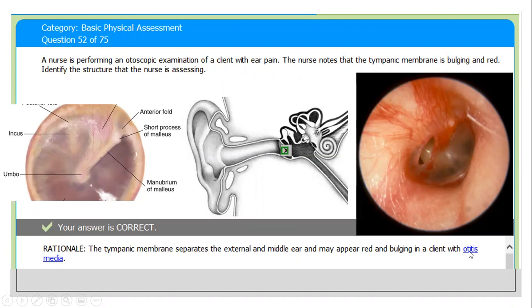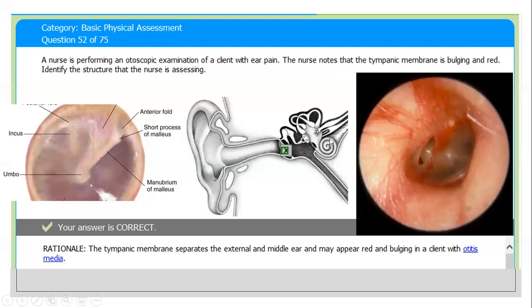if the client has otitis media. What is otitis media? Inflammation of the ear is usually distinguished as otitis externa, otitis media, which means the middle ear is inflamed, or otitis interna, when there is inflammation of the inner ear or labyrinth.